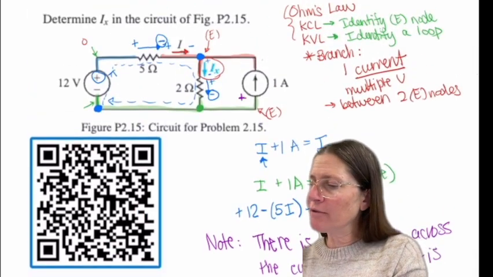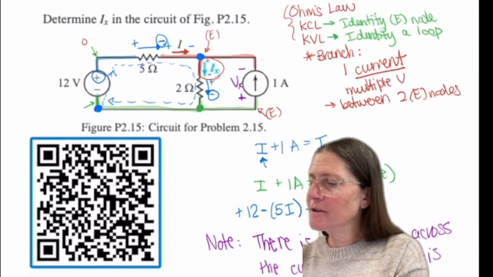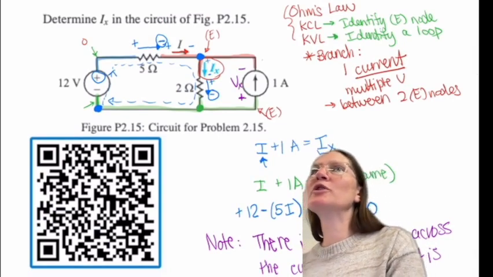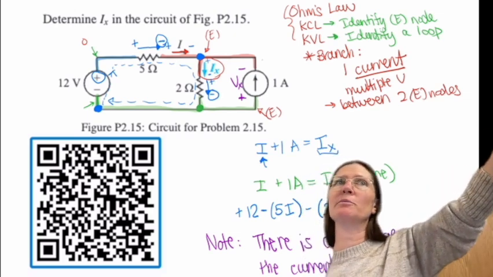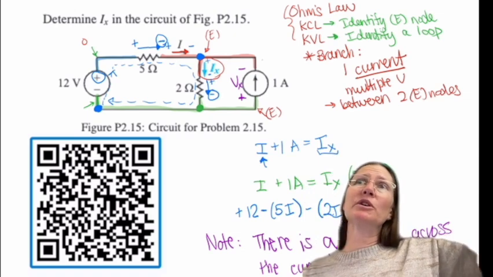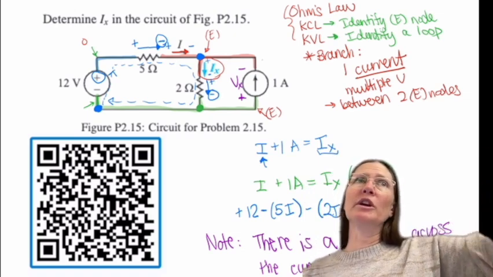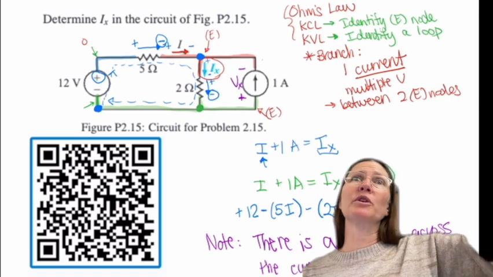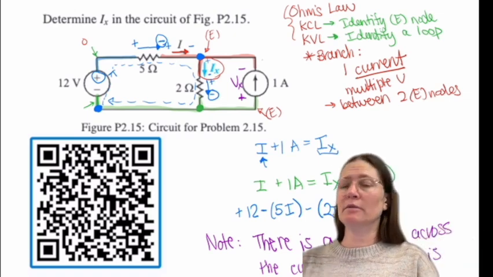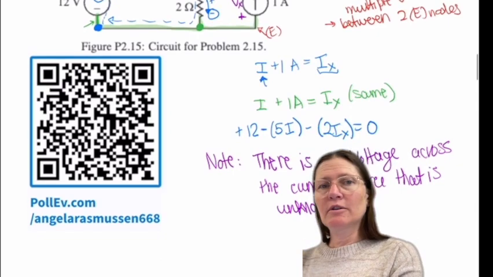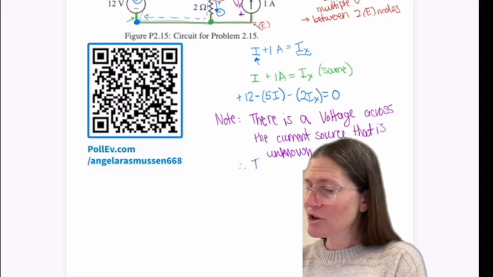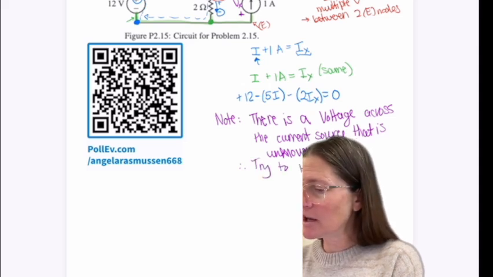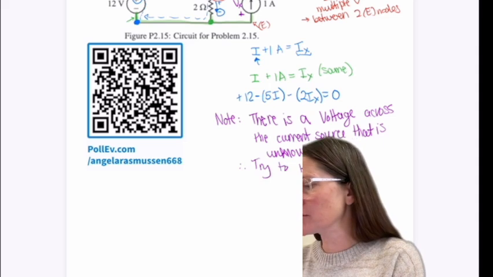So we have a voltage across this of Vx. So if we try and take a loop with that one in it, we add an unknown variable in there. So typically when you take voltage loops, you'll avoid taking the voltage loop with the current source in it if you can. So with this, therefore, try to avoid a KVL with a current source in it.